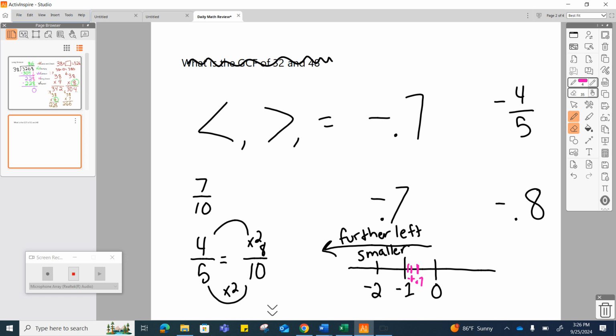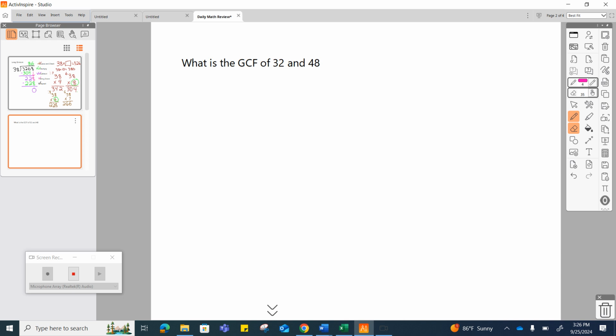If you wanted to do it as division, you had negative 0.7 and negative 4/5. You can always change a fraction to a decimal with division. 5 does not divide into 4 because 4 is larger than 5.